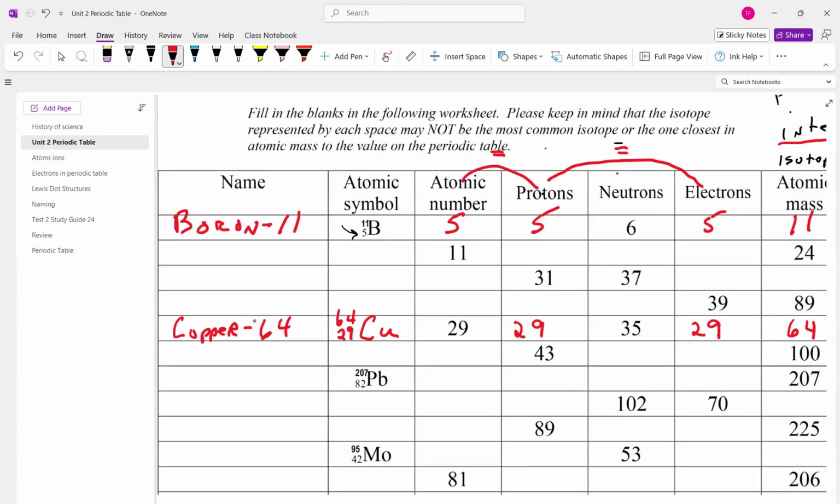How'd you get that? Exactly. You included electrons, right? Most people say 64. But when I say particles, electron is a particle, proton's a particle, neutron's a particle. All three count. Good.